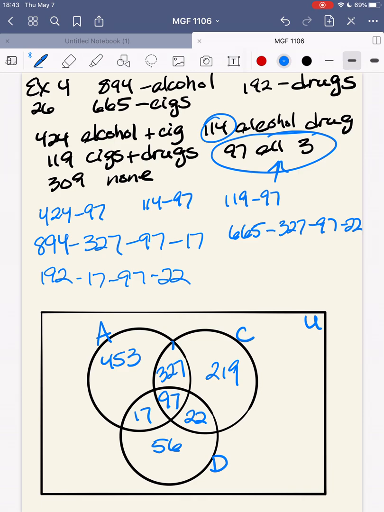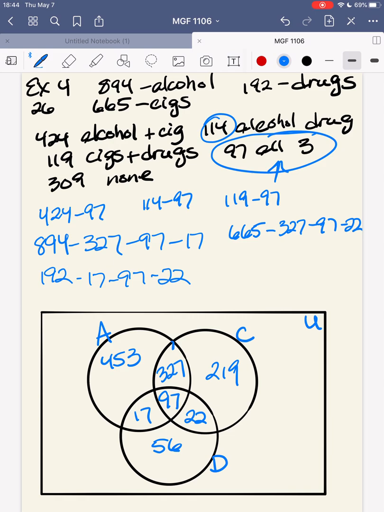Now remember, this was a survey of behaviors. So for the universe here, I need to add everything together and see how many people were actually surveyed. The survey followed a bunch of people, and the results tell us how many students were surveyed. So how many students were surveyed? I have all the 894, the 192, the 665, and subtract the people that had the other behaviors.